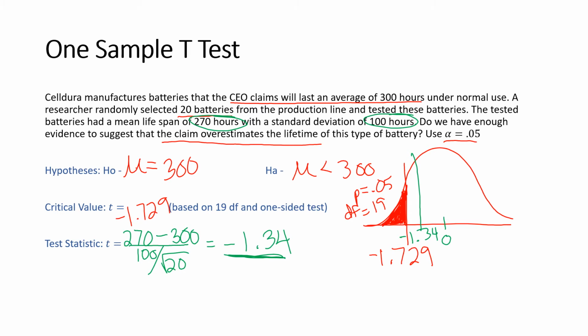So as far as making a decision here, we know when p is low, reject the H0. Well, what's our probability here? So remember the red shaded part? That probability is exactly 0.05.